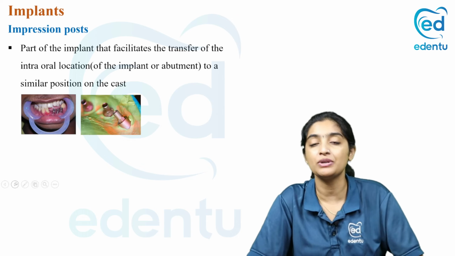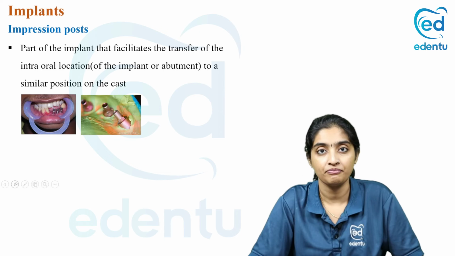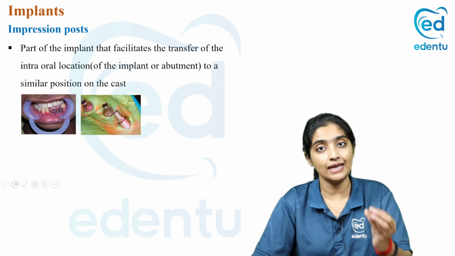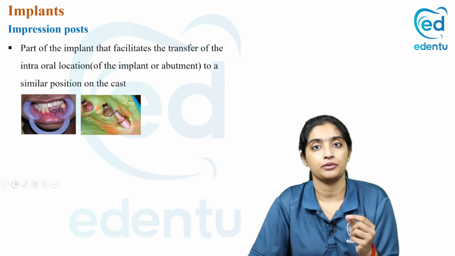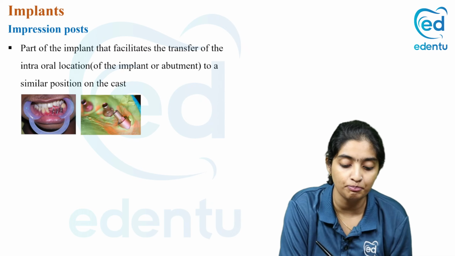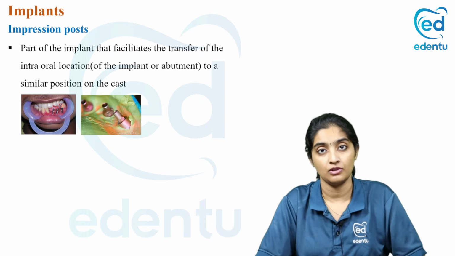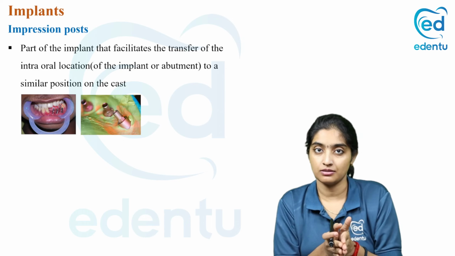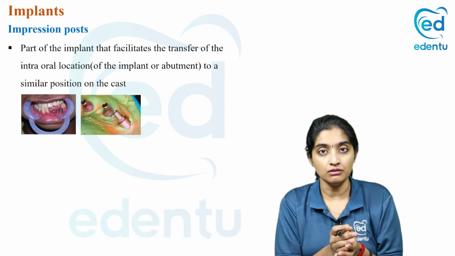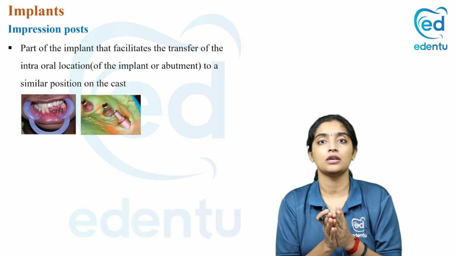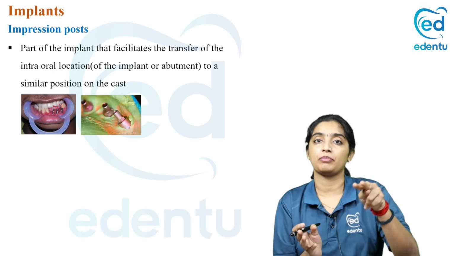So what you do is you take an impression coping, as it is called, an impression coping or an impression post, and attach it to the implant. So now inside the patient's mouth, you have these pillar-like things standing out, right? So that is the position of your implants. Tightly screw it in, take an RVG and check if it is fully screwed in and seated properly. Then you make an impression of this.